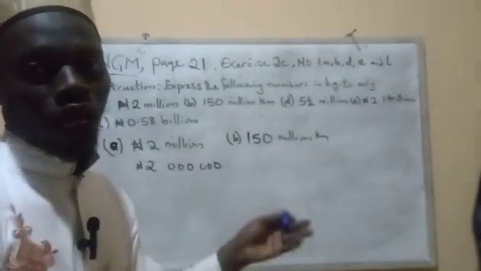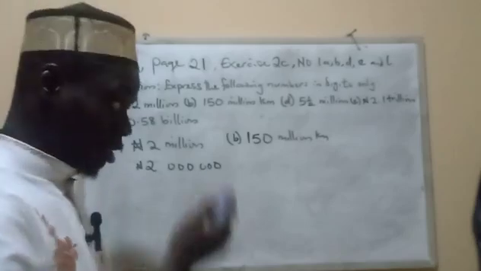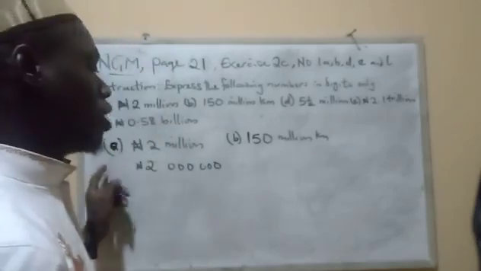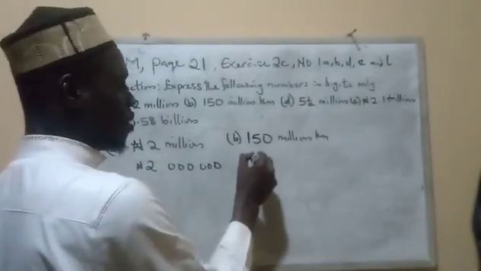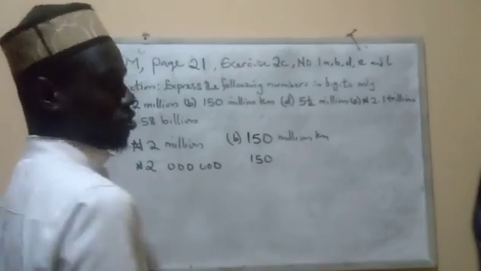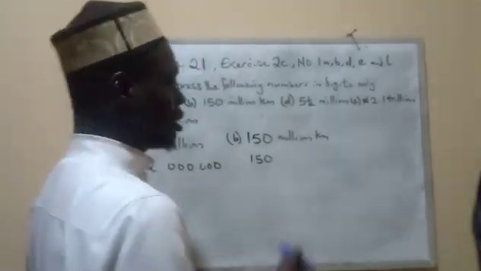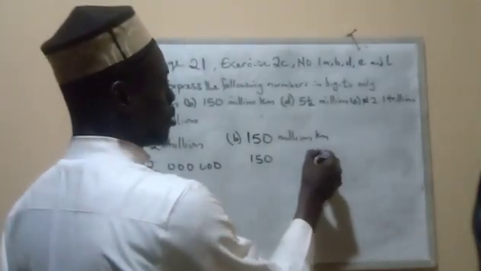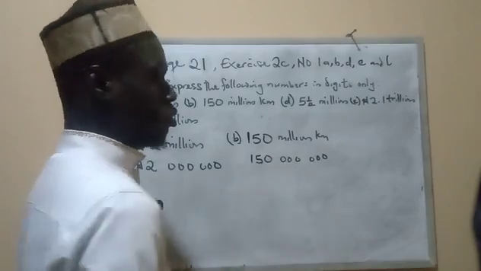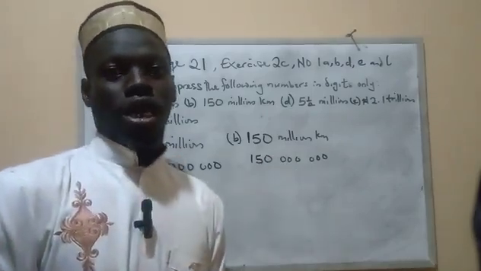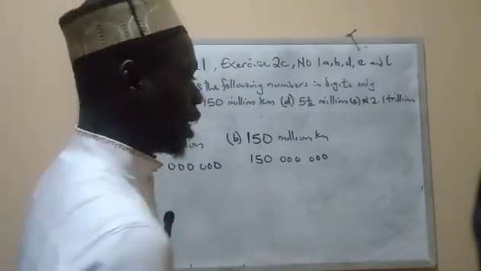In this case, this one has a different unit, which is kilometer, compared to the first one that is naira. So we also write 150, then the million, we write the digits in threes. So 1, 2, 3, 1, 2, 3, without adding any commas there.